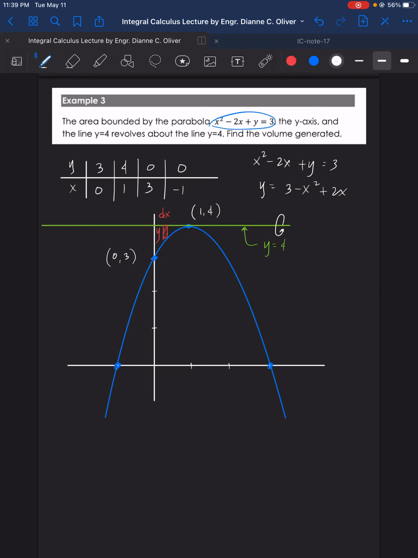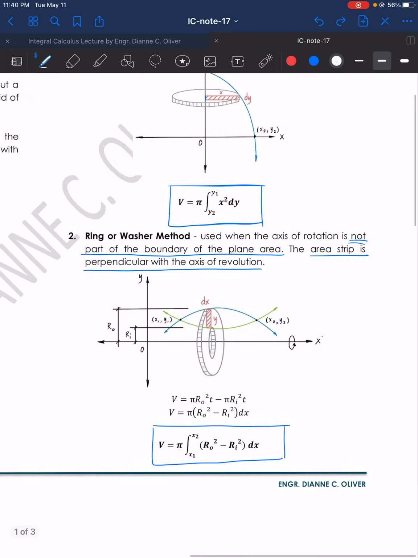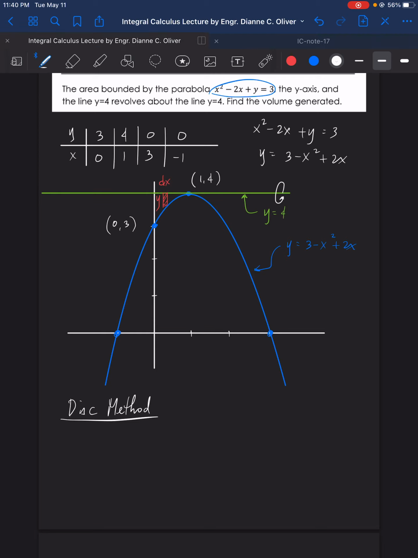So this is now our y is equal to 3 minus x squared plus 2x. Then if we are rotating on y is equal to 4, then the figure we can form here is the disk. Therefore, we will use the disk method. Using the disk method, we have the formula: volume is equal to pi integral of y squared dx.